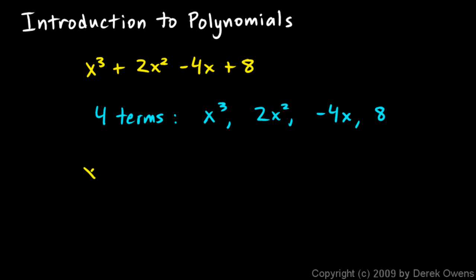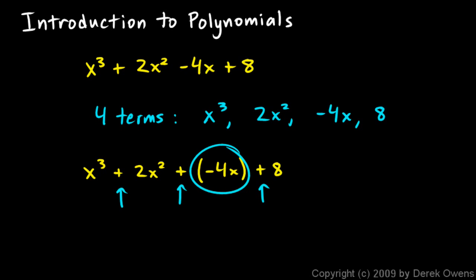So we could think of this polynomial like this: x cubed plus 2x squared plus negative 4x plus 8. And if you think of all the terms as being added together, then it's clear that this term is negative. In other words, you can just think of it as a negative 4x term being added.